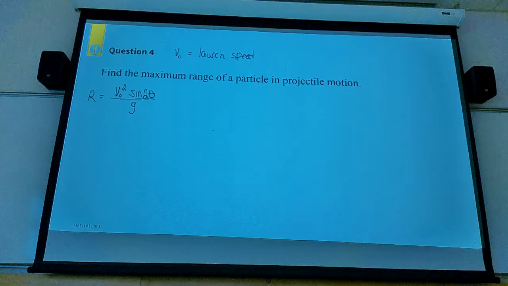V naught was the launch speed, right? And theta is our launch angle. But we have two variables here, right?